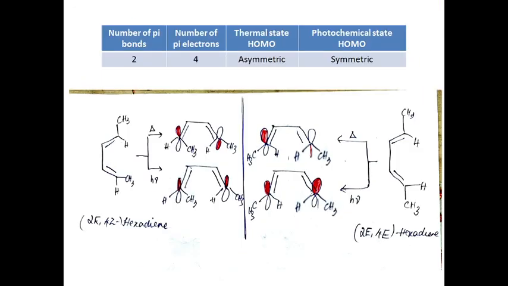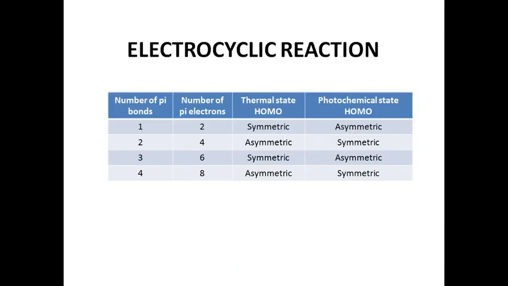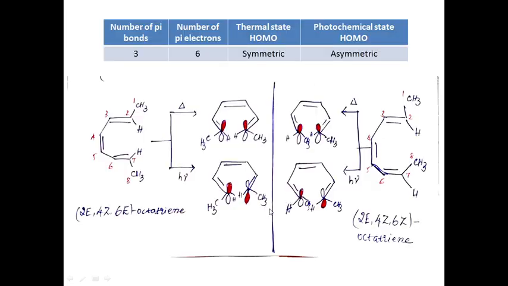So quickly let us go through what we have seen in this particular session. We have recalled that if the number of pi bonds is 1, you have 2 pi electrons, HOMO becomes symmetric. When you have an odd number of pi bonds, HOMO is symmetric. When you have an even number of pi bonds, HOMO is asymmetric. Based on that, we have seen how we are supposed to draw the symmetric lobes and asymmetric lobes.